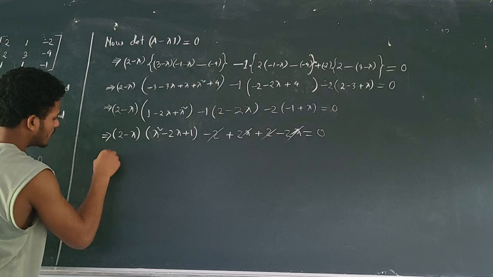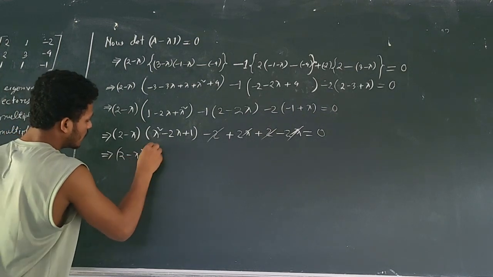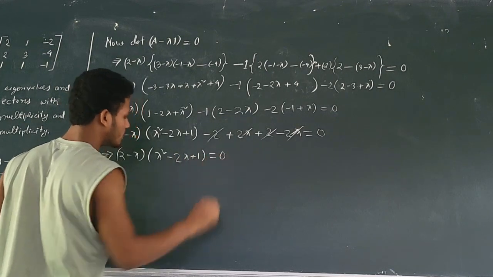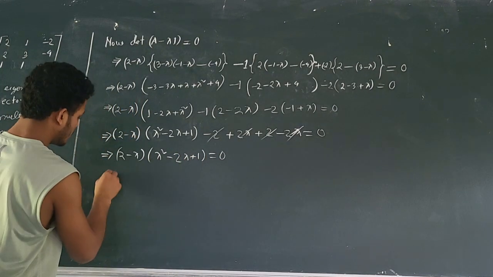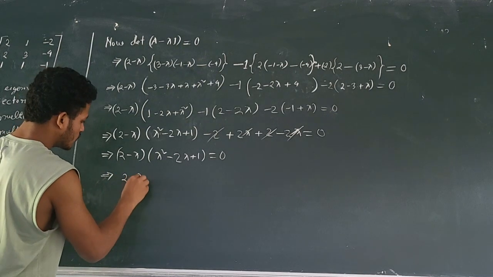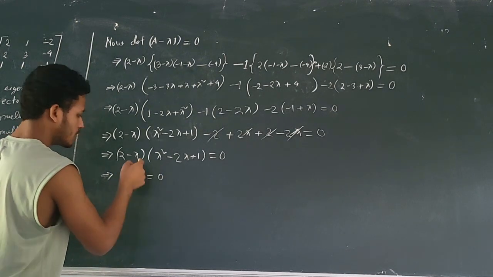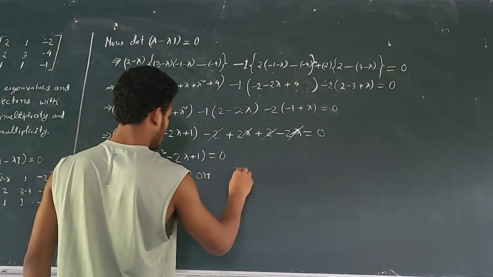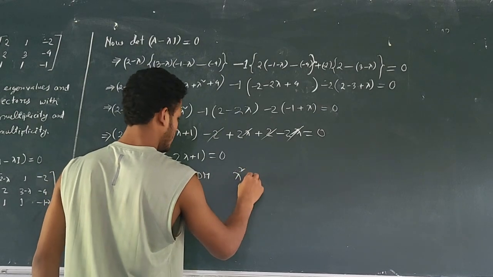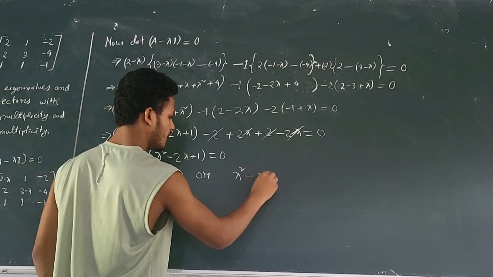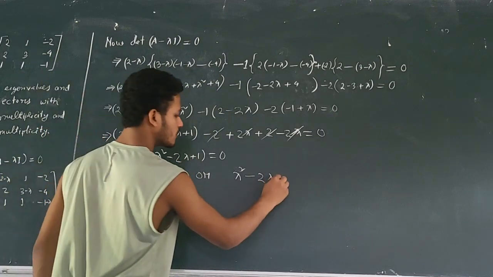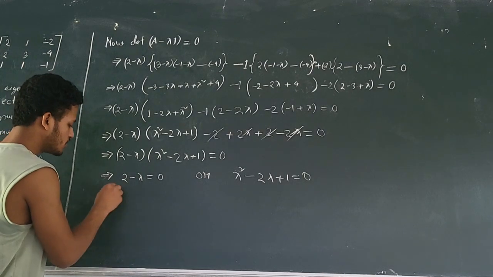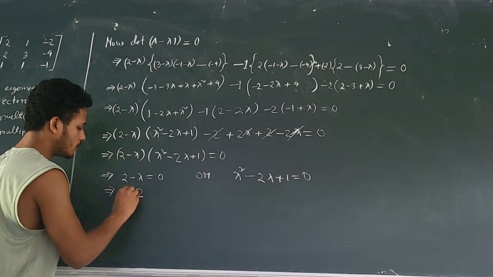So that means you have 2 minus lambda into lambda square minus twice lambda plus 1 is equal to 0. Now this implies 2 minus lambda is equal to 0, or lambda square minus twice lambda plus 1 is equal to 0. If this is equal to 0, you will get lambda is equal to 2.